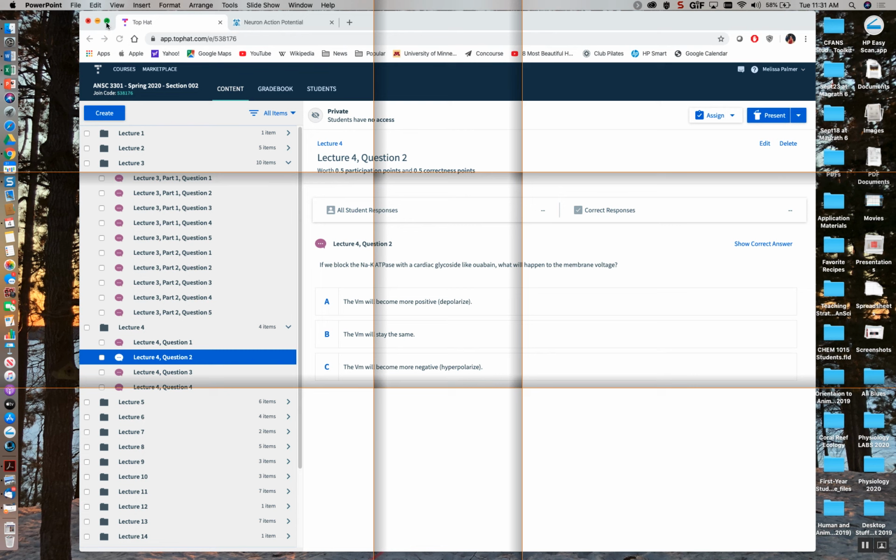If this is 100% potassium, then this actually just cancels out. The equilibrium potential for potassium is the resting potential.